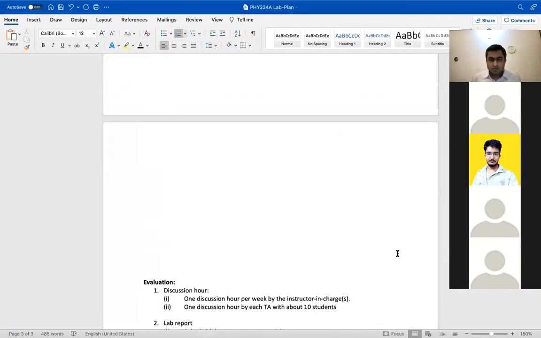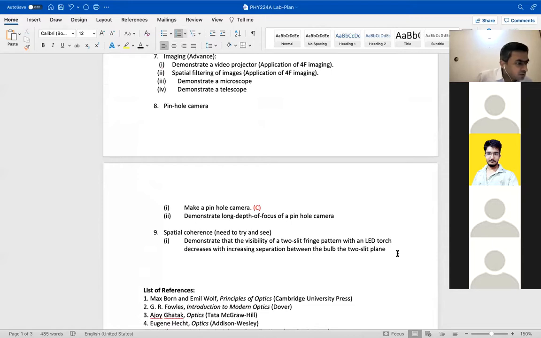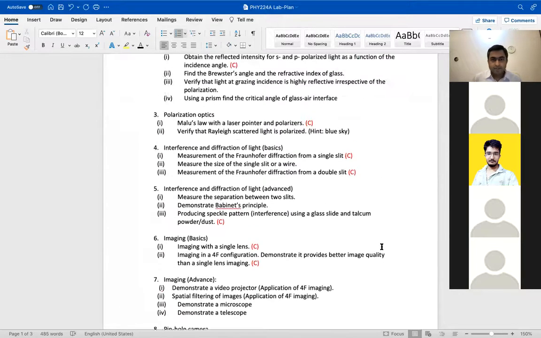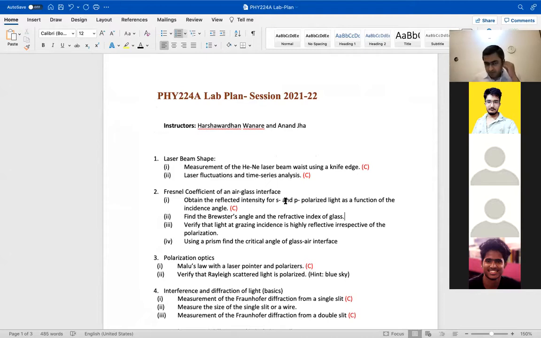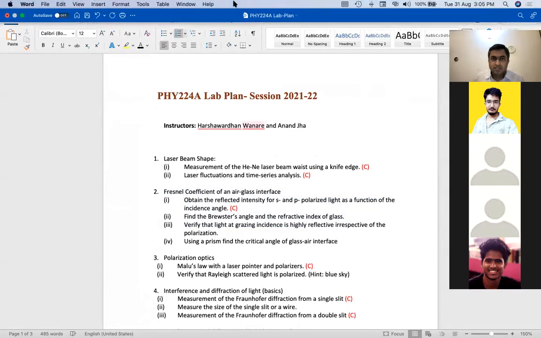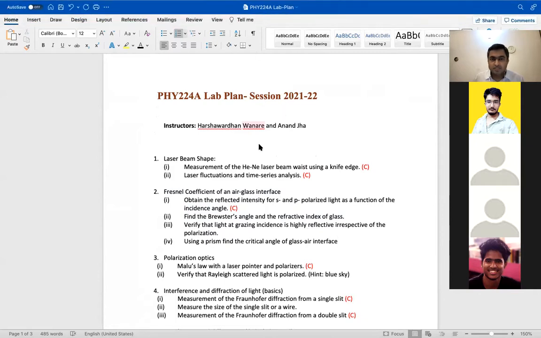Okay, so before we get into the second experiment, this is about the Fresnel coefficient of an air-glass interface. And I'm assuming, well, I know this has already been covered in the class in all the details. We have modified it a little bit after I did the experiment on my own using the stuff in the kit, based on our experience.